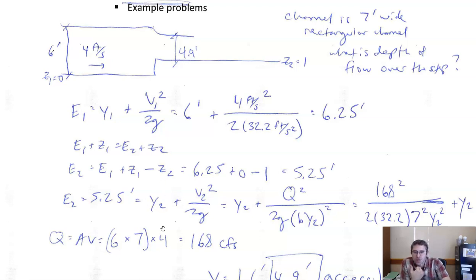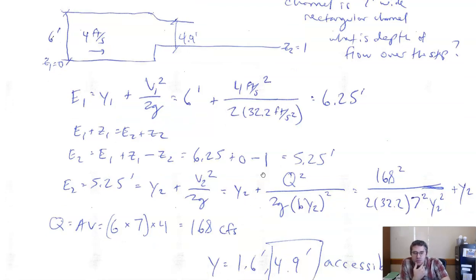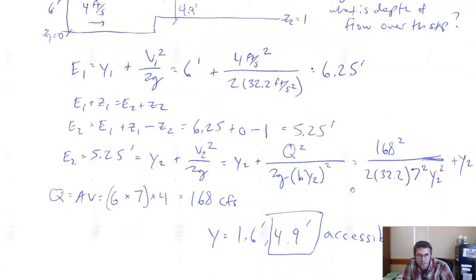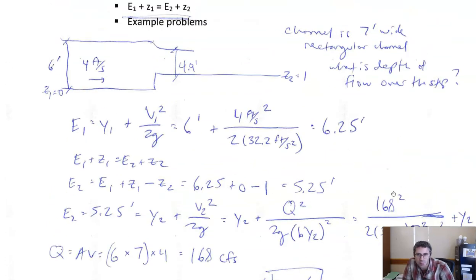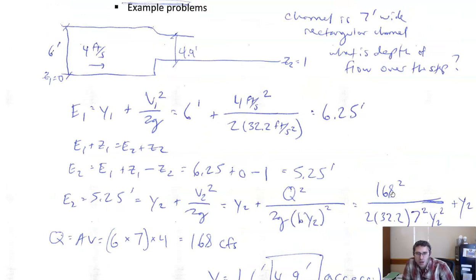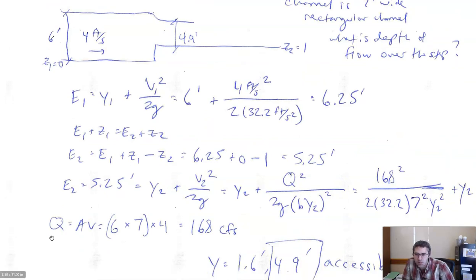So if E2 is 5.25 feet, we want to know what the depth is in that second section. Here's our general equation for specific energy. I want to solve for Y2, but I also don't know velocity here because I don't know the depth. Since it's a rectangular channel, I can use this form, replace V with Q over A, and replace A with B times Y. I know the flow rate because Q equals AV: 6 feet deep before the step, 7 feet wide, and 4 feet per second.